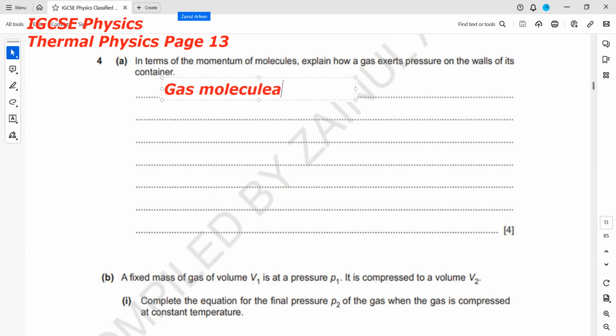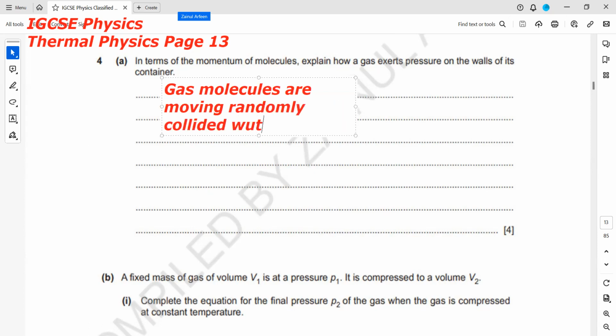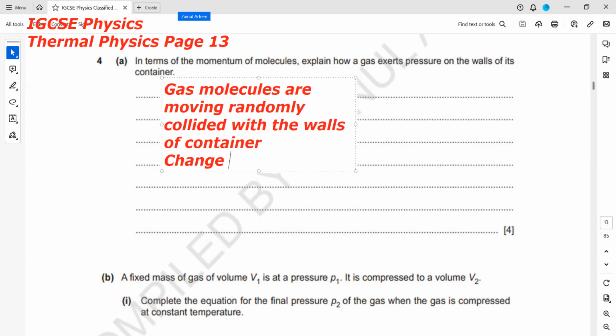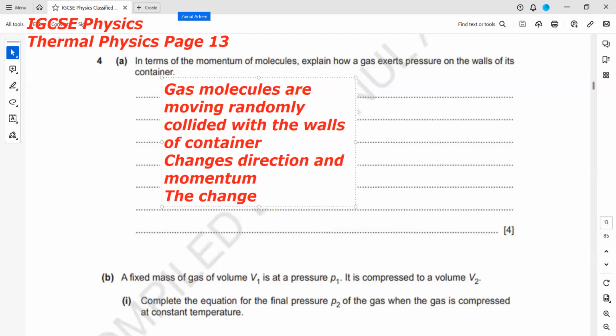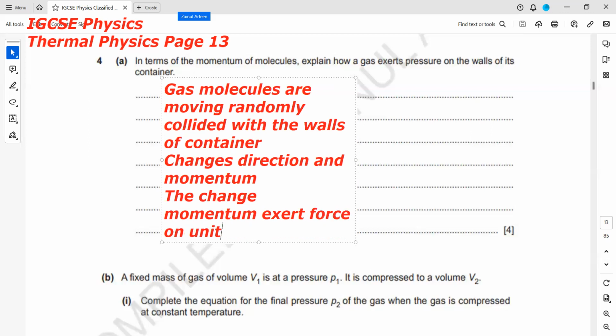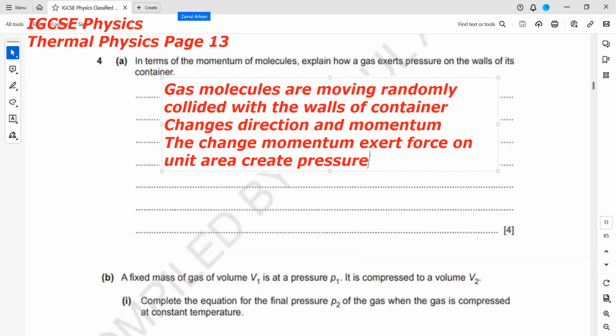So gas molecules are moving randomly, collide with the walls of the container, change the direction and the momentum, and the change in momentum exerts force on unit area, which will create pressure. These are the points which we mentioned.